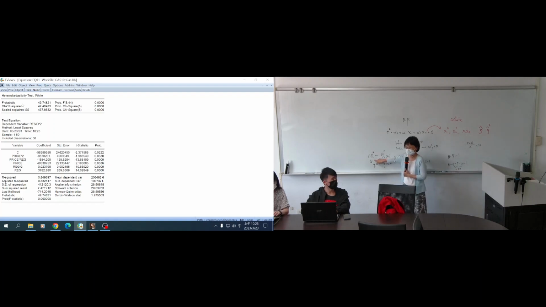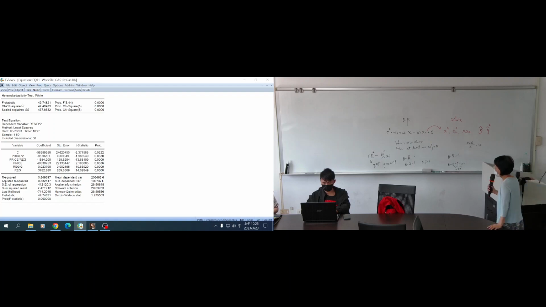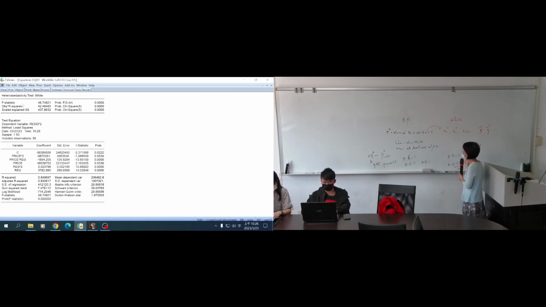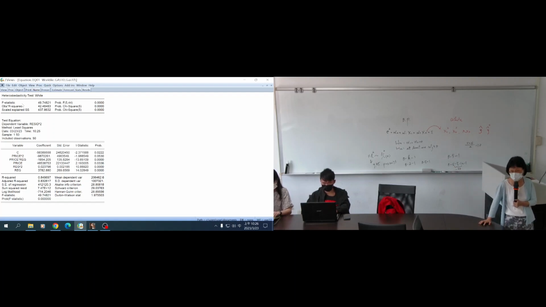Since I'm using White, the degrees of freedom become 5. The probability of chi-square 5, what's the probability? Even smaller. For 4 decimal places, still 0. So again, using the White test, it shows that the heteroscedasticity problem exists.